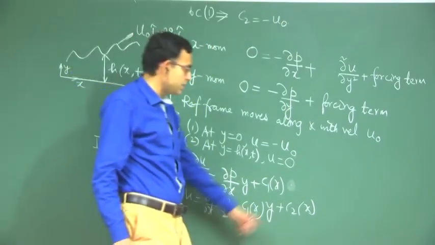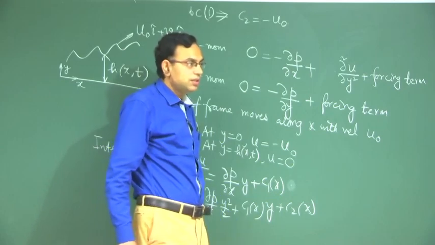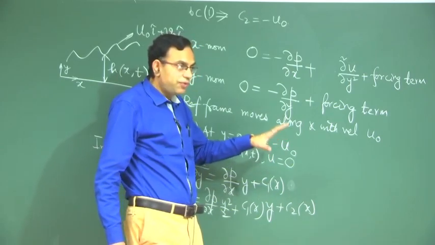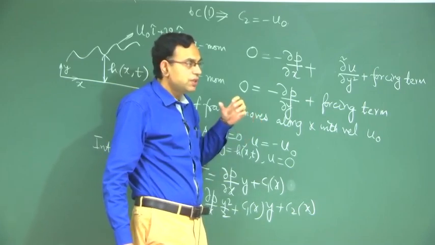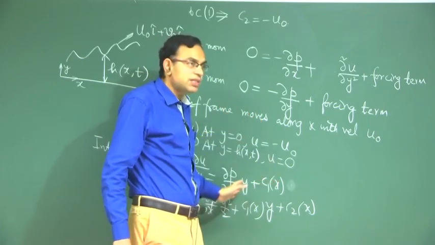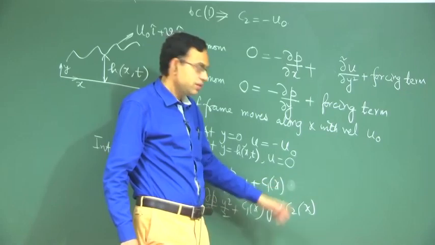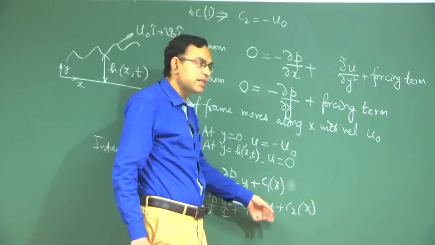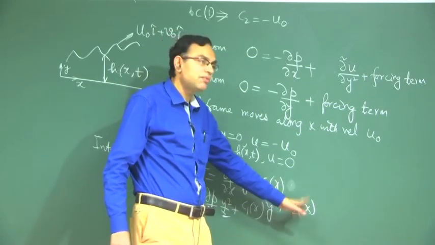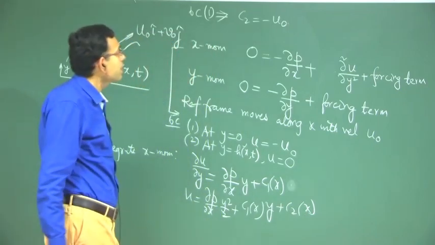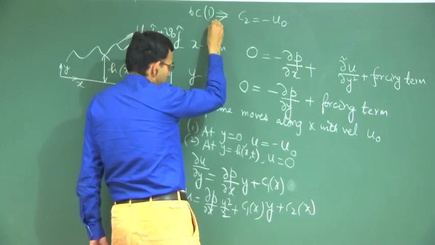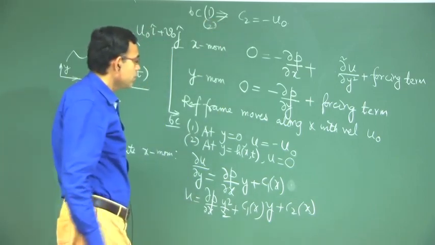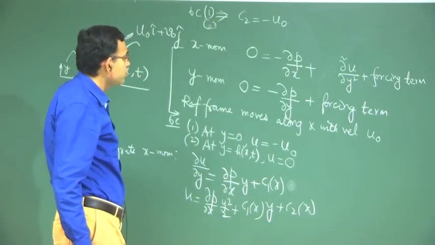It becomes a constant. But you see this is a formulation where you have a provision of accommodating a velocity which is a function of x, right. Had u0 itself been a function of x, this could be a function of x, right. And the boundary condition 2, at y equal to h, u equal to 0.